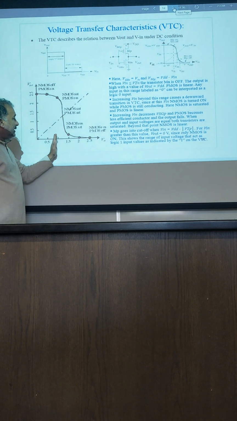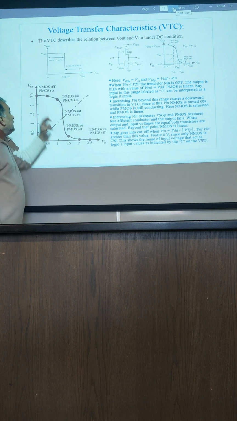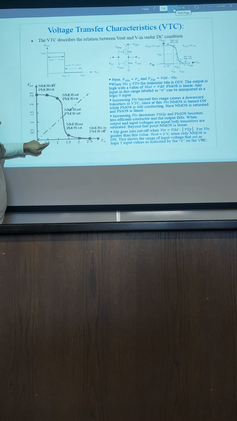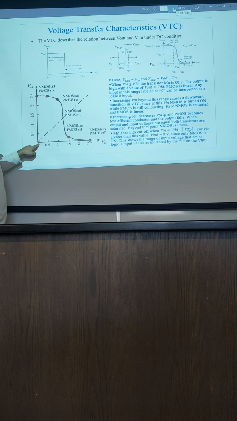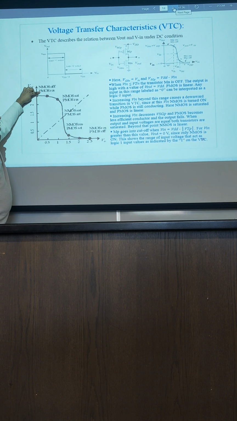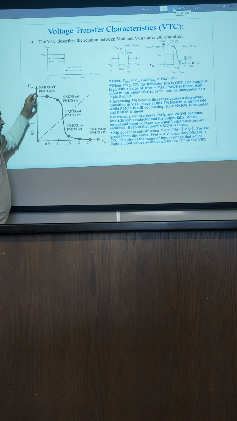But with further increase of input voltage, here in this area, it is still below the threshold voltage of the NMOS. So NMOS will be in off state, PMOS will be in linear or resistive state.